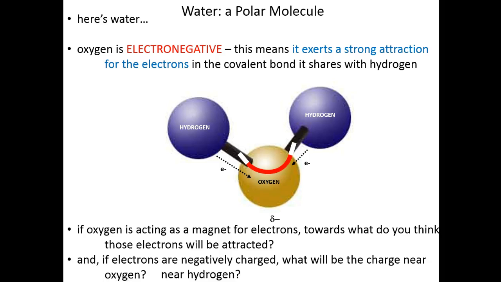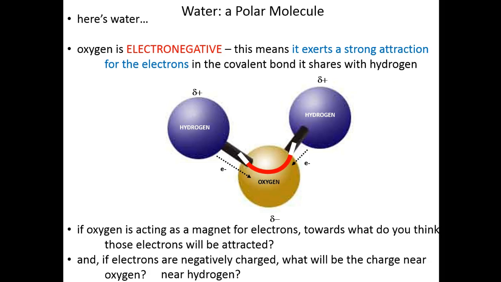Now, back to those examples of those zooming electrons. If those electrons are zooming around hydrogen and oxygen, and they're zooming around hydrogen quickly, and they're lagging when they're near oxygen, and we have a partial negative charge around oxygen, what do you think the charge around hydrogen might be? Remember, hydrogen is electron deprived. Those electrons are racing around hydrogen as quickly as they can so they can get back to oxygen where they want to be.